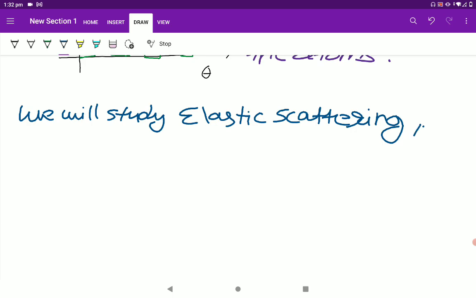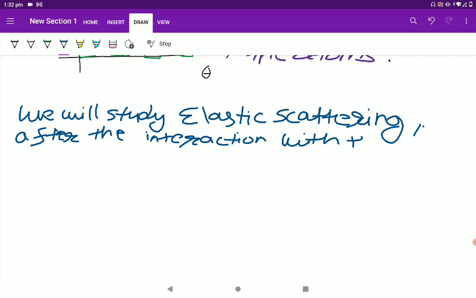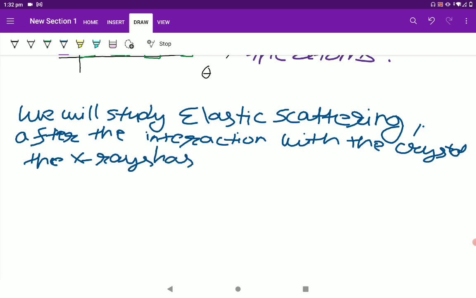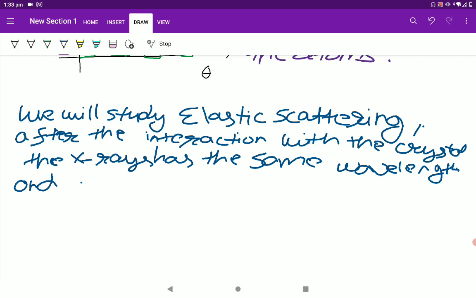That is, after diffraction the X-rays have the same wavelength, or in the case of particles like electrons or neutrons, they have the same energy after scattering.